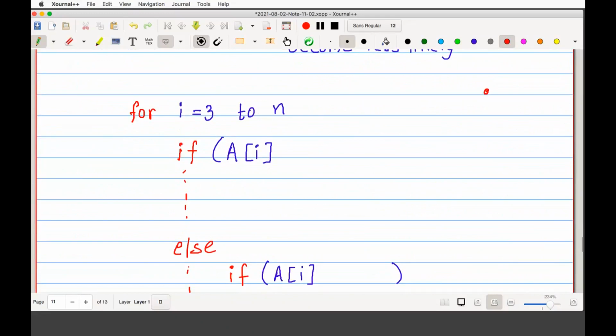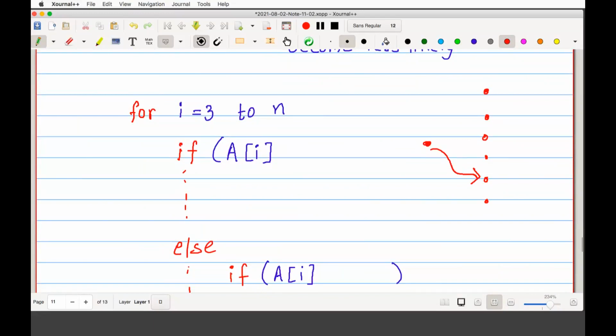Okay, so here is the suggestion. Suppose this is the current set of elements, and this is a new element. We should compare it first with the second minimum, and depending on the result we should do something, right?